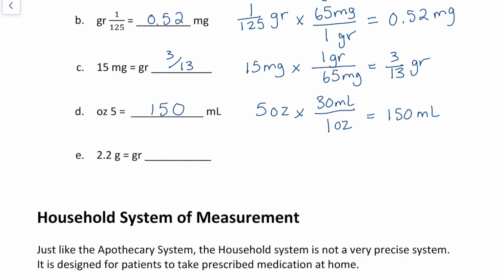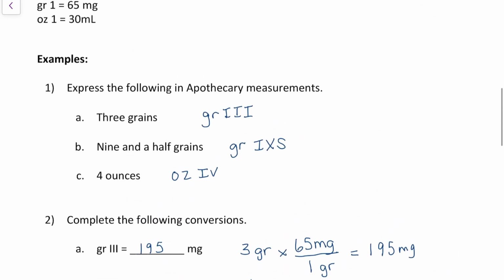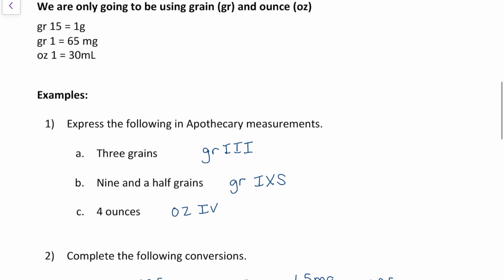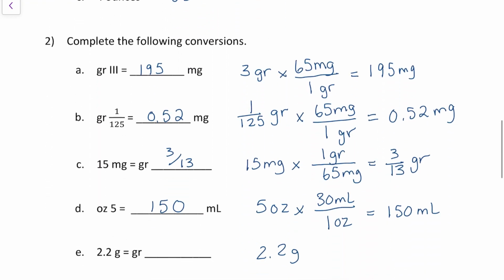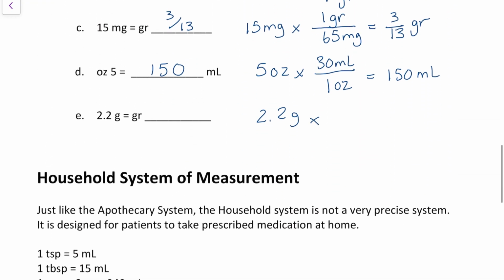And finally, I have grams to grains. So I start with my grams. My conversion is 1 gram is 15 grains. So I'm going to do 2.2 times 15, and I get 33 grains. And again, remember, in our final answer, we're going to put the unit in front, so I get grains 33.